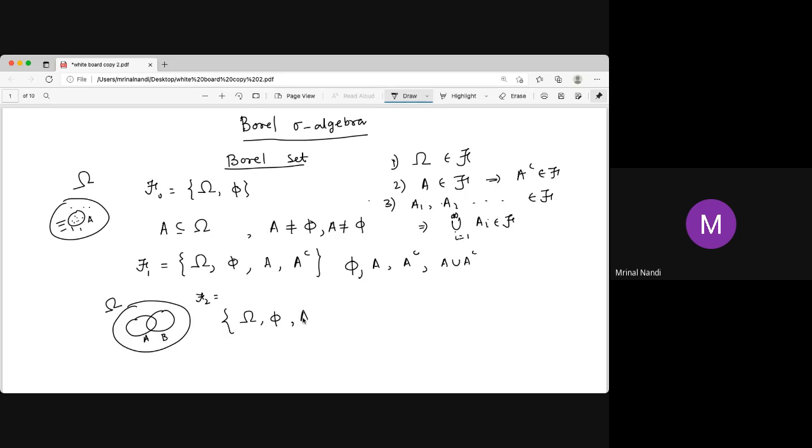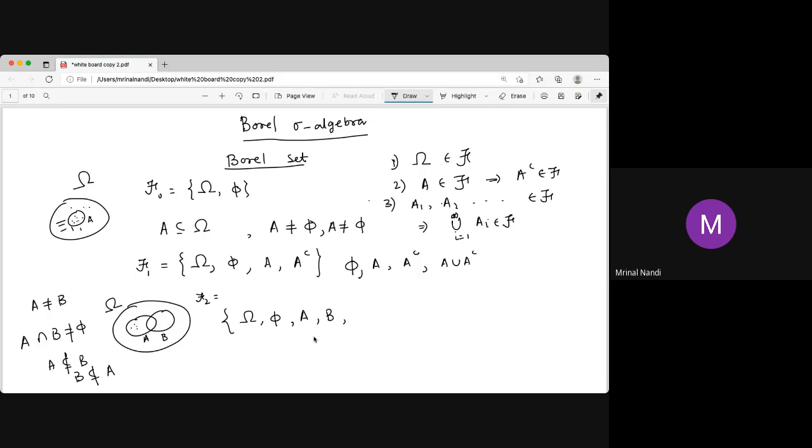Now if you want to take both A and B, say A and B are non-empty, not disjoint, and also A is not a subset of B and B is not a subset of A. Assume these three. So A and B are distinct, A is not equal to B, A and B are not disjoint and they have a common intersection part, and they have some element which is in A but not in B, or in B and not in A.